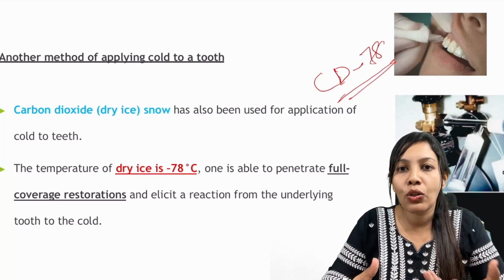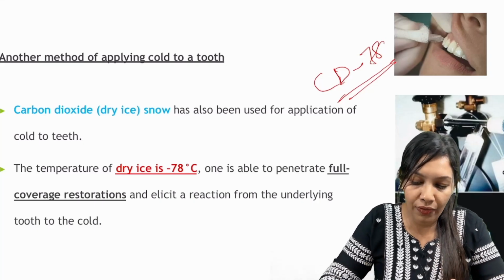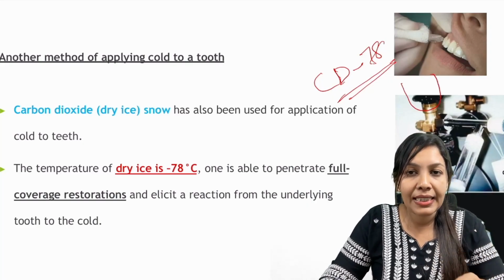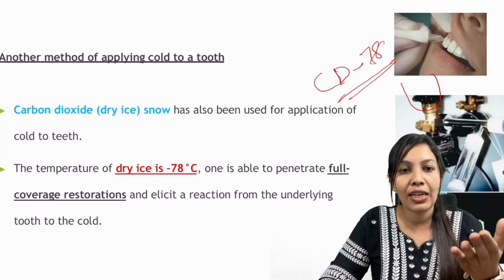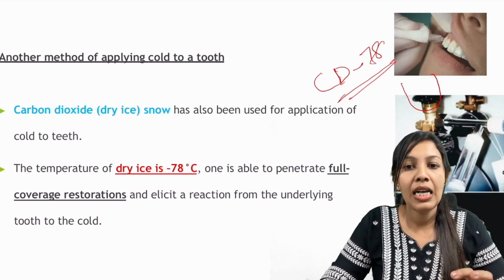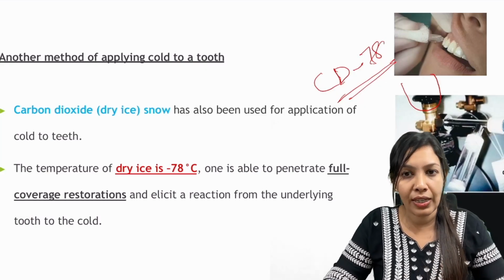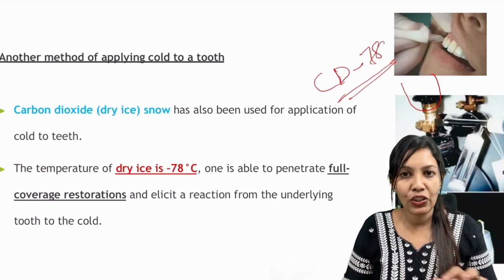We know that our tooth sometimes has a crown or a full coverage restoration. The most important test that can be done in a crowned tooth or a full coverage restoration is the carbon dioxide snow test. It has the capacity to penetrate deep into the full coverage restoration. That was a question commonly and repeatedly asked in your NEET PG examination.